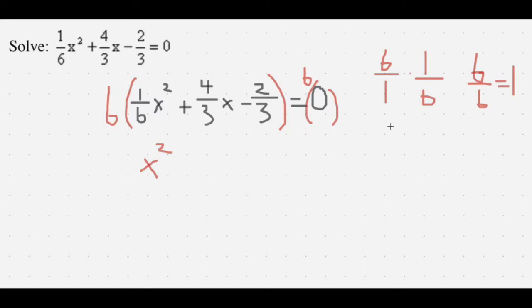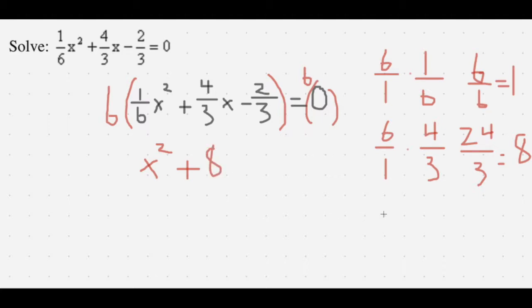6 times 4 over 3. So 6 over 1 times 4 over 3. That's going to give us 24 over 3, and that is equal to 8. So we have a plus 8.